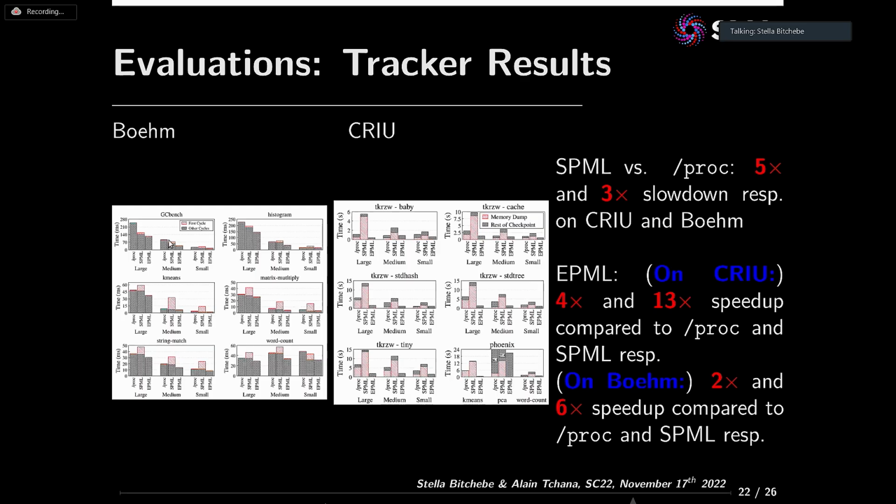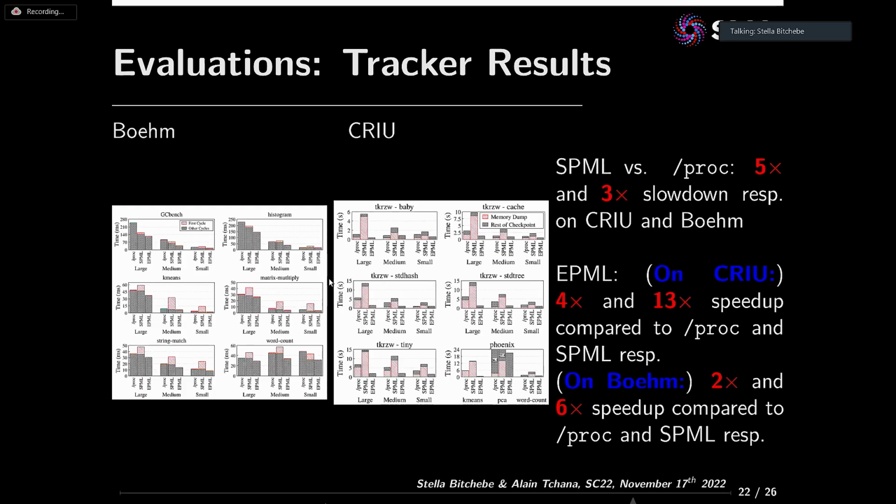This is why with shadow PML, we can see that it is the first cycle that is the main overhead. And CRIU has two main phases, the memory dump and the memory write dump. And it is during the memory dump that CRIU collects all the addresses. So it is during this phase that the tracking technique is involved, as we can see on the figure.